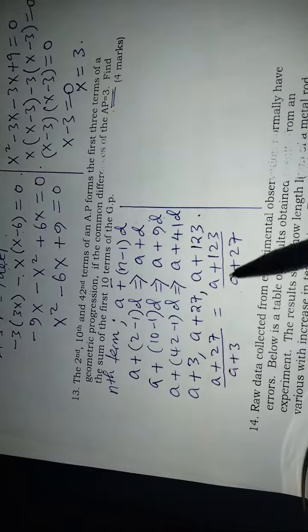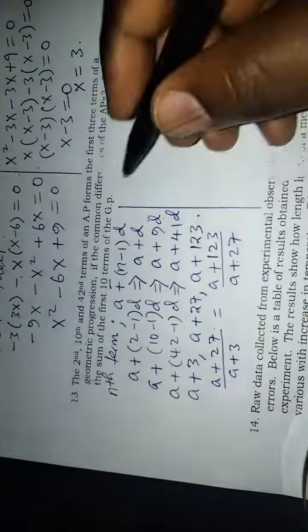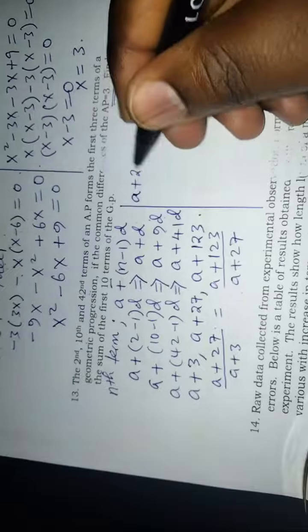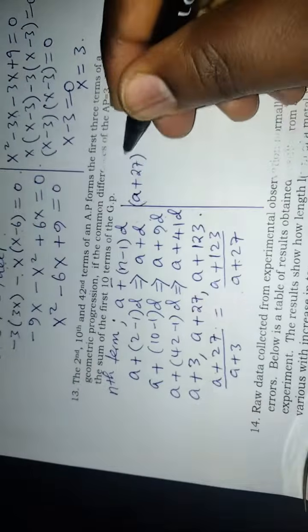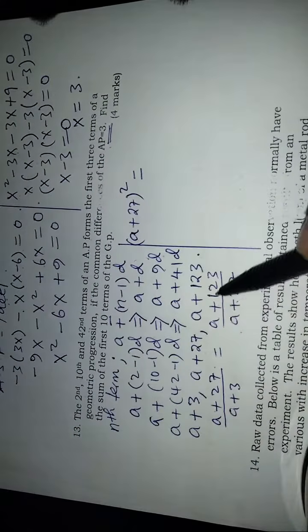We can cross multiply, whereby a plus 27 will be multiplied by a plus 27, and it becomes a plus 27 squared. Yeah, let me be slow. In the next step, we also have a plus 3 multiplied by a plus 123.